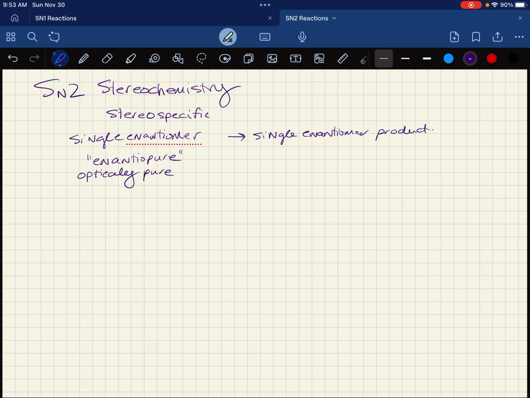Okay, and the reason for this is when we look at the SN2 reaction, it's helpful to think about it this way. I'm just going to use hydrogen atoms here, so even though those are not chiral, we'll still flip the setup here. So let's say we have this leaving group on this side, and then we have the nucleophile here.